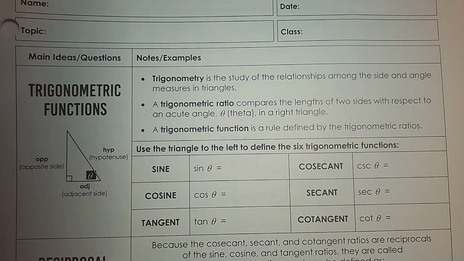This will still be the hypotenuse, but the other sides we're going to call opposite and adjacent. Look at theta here. If I go across the triangle, we call that the opposite side. And if the side is right beside the angle, touching it, we call it the adjacent.